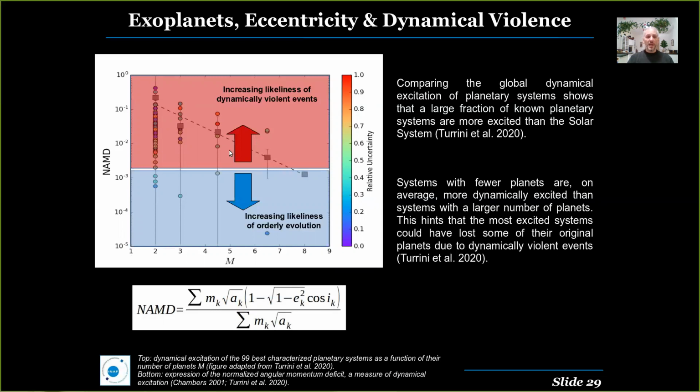First, a large fraction of the best characterized exoplanetary systems that we know today have excitation higher than that of the solar system. The solar system is not alone in being among the planetary systems with low global dynamical excitation, and there are systems with lower dynamical excitation than the solar system, but a large fraction of the planetary systems have higher values of the dynamical excitation.